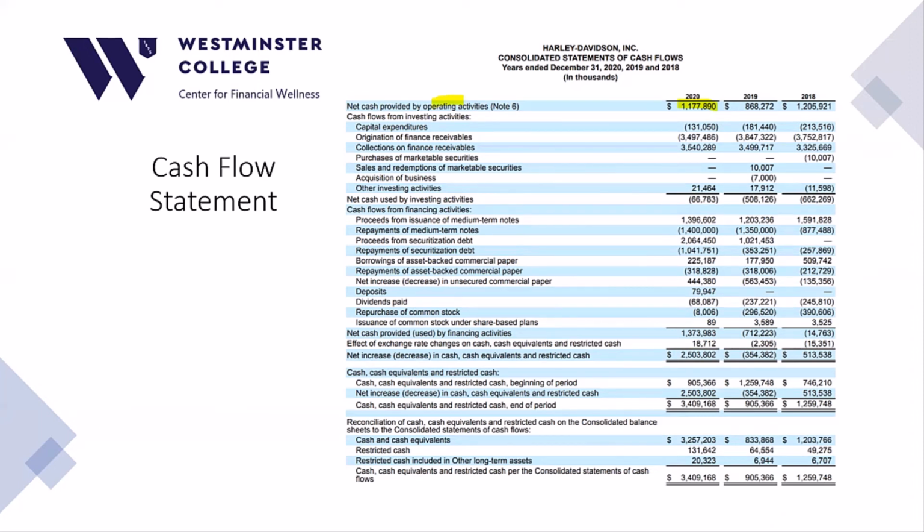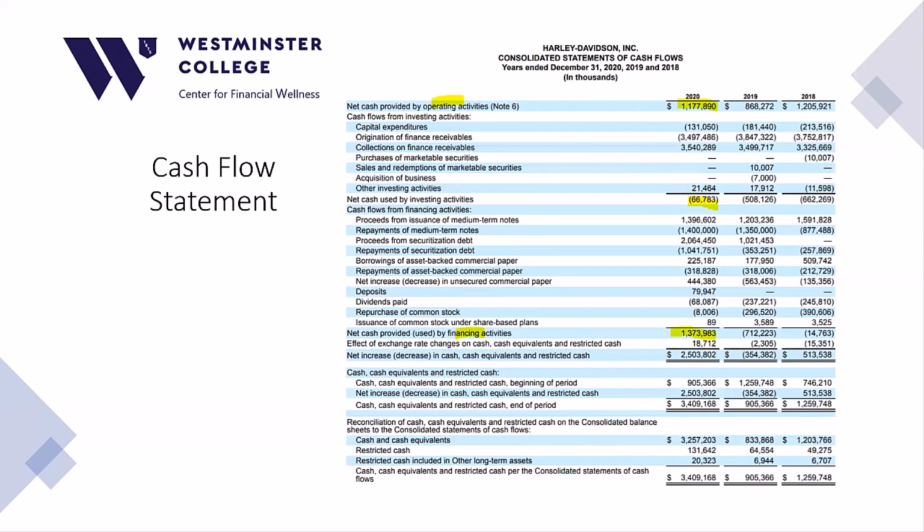So for our investing, looks like they have decreased about $66 million. All right, so that means that they bought more assets, long-term assets, than they sold during that period. And then finally in their financing, right here, it looks like they increased by $1.4 billion.